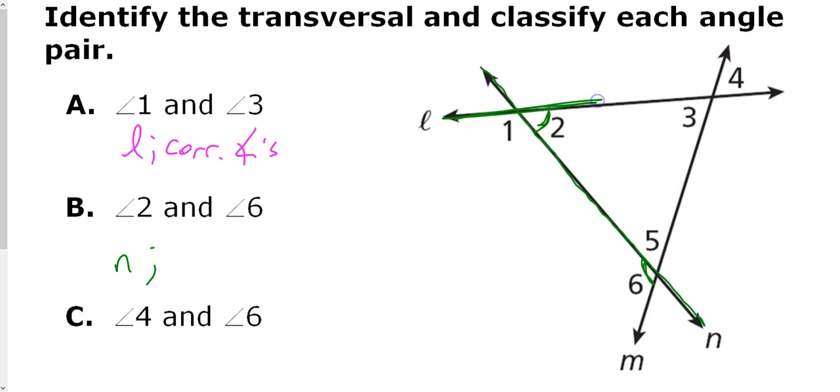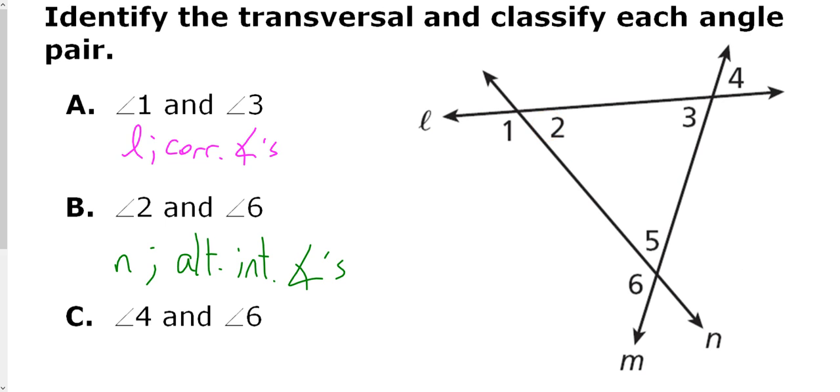So they're between line L and line M. And they're on different sides of that transversal. So those are alternate interior angles. And this can be confusing because a lot of people look at angle 6 and think that it's automatically an exterior angle. But when you pair it with angle 2, they're both between the lines. So that's a common confusing point.